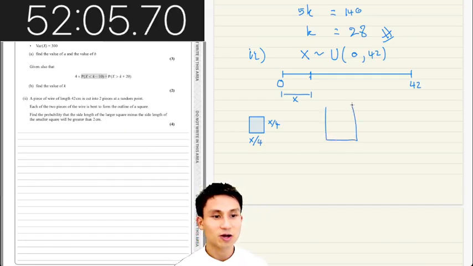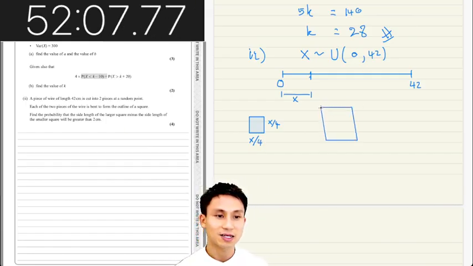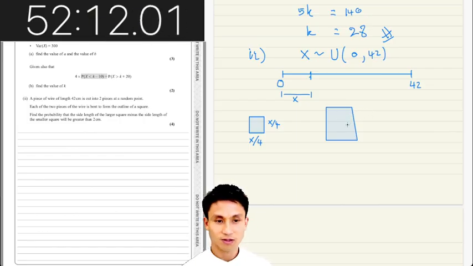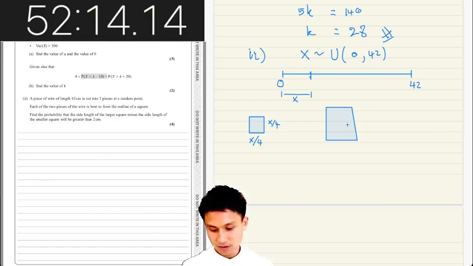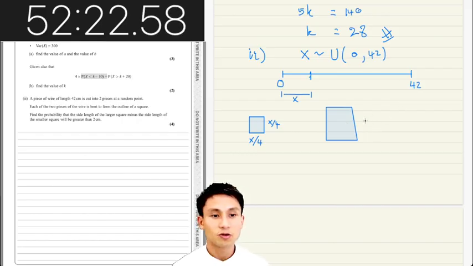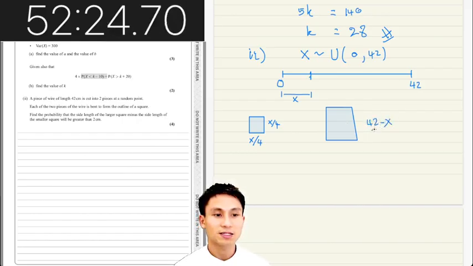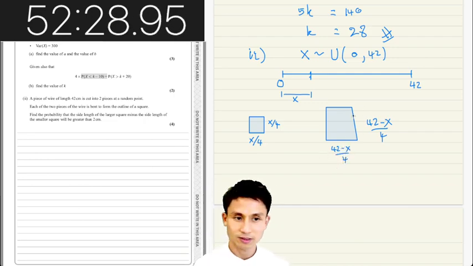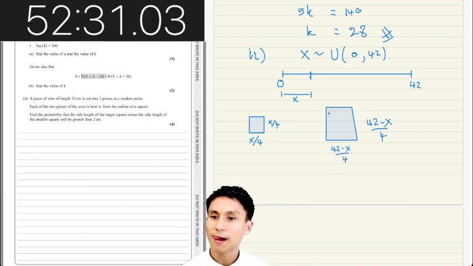A larger square would be 42 minus x, divided by 4.